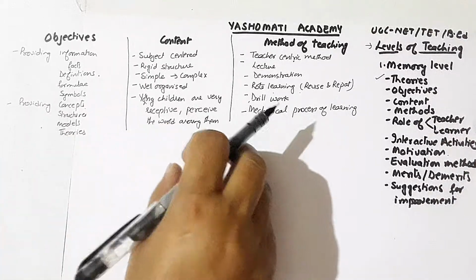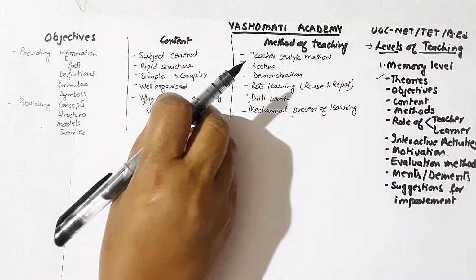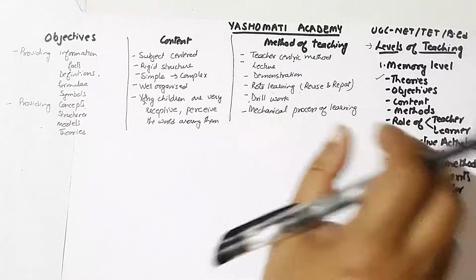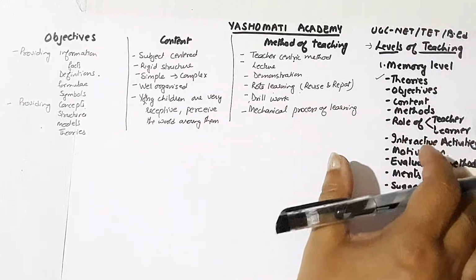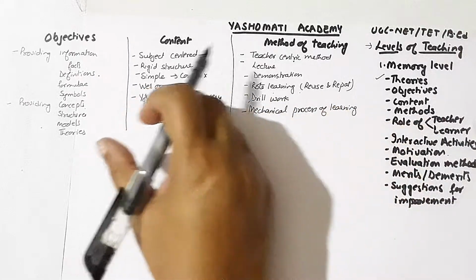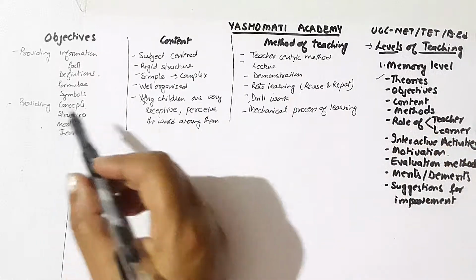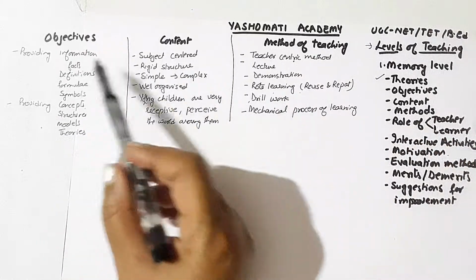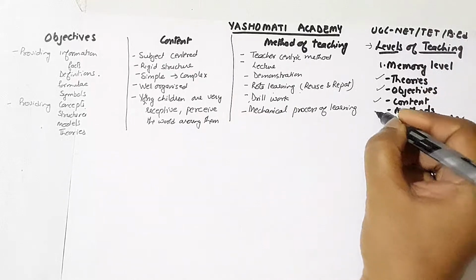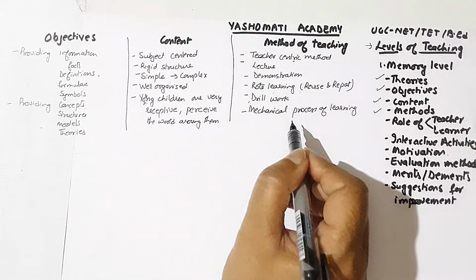So what we see is that content is limited, rigid, going simple to complex, and the learner is made to do the mechanical work again and again. So through this mechanical process of learning, he memorizes the material. From this we can see that all these three things, that is objective, content and method, are very interrelated to each other.